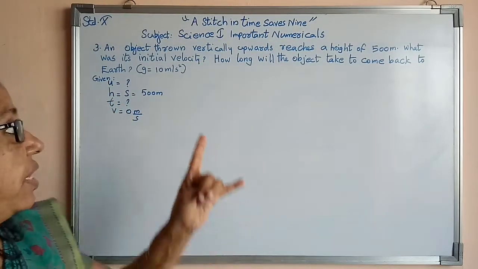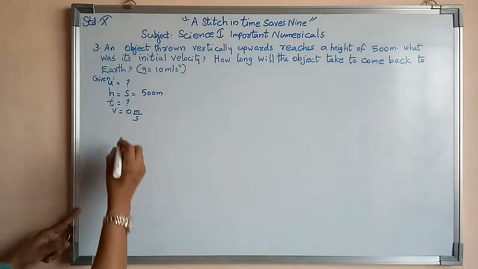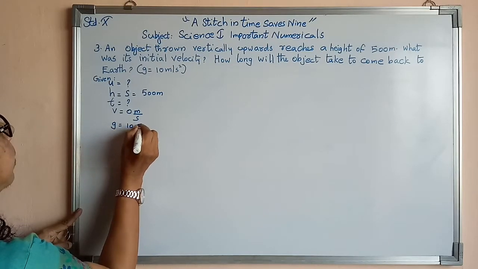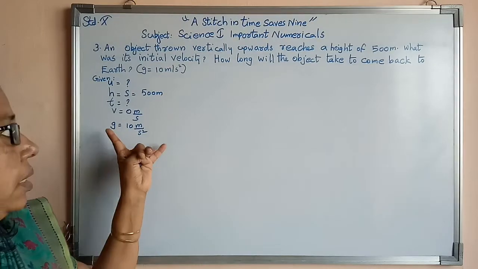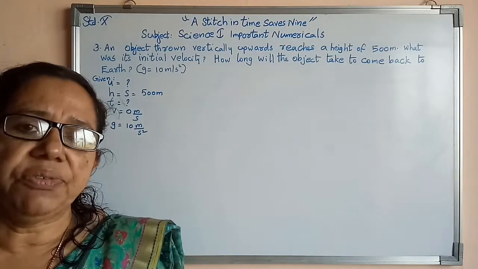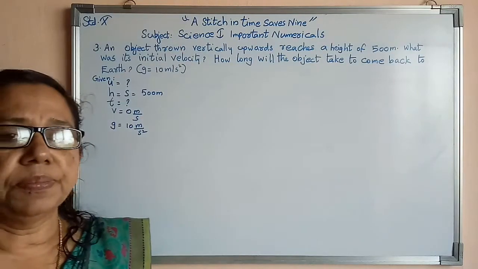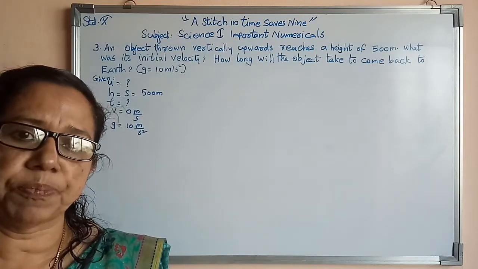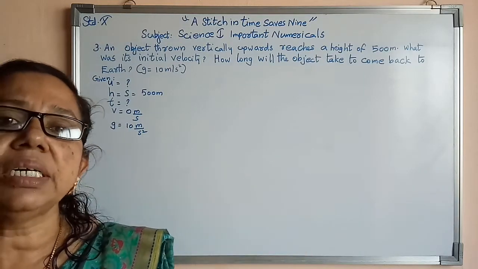One more value is given, that is g. g is equal to 10 meter per second square. When we write the value of g, we have to take care that the object is thrown upward, that means against the gravitational force, or we can say opposite to the force exerted by the earth.